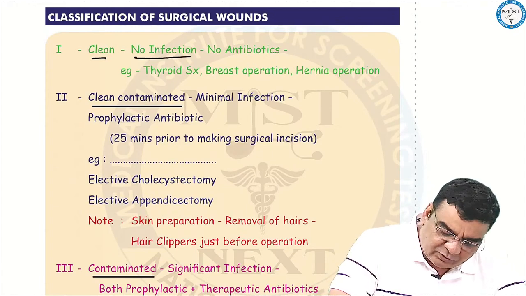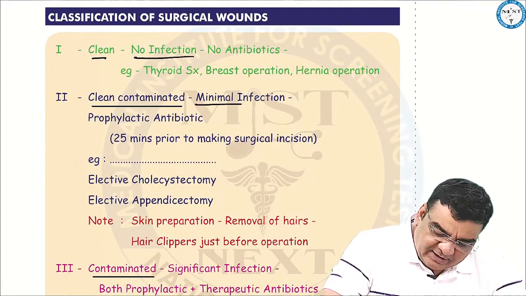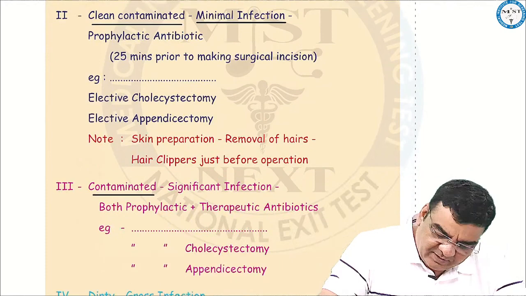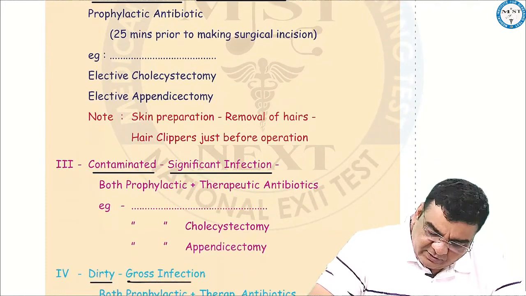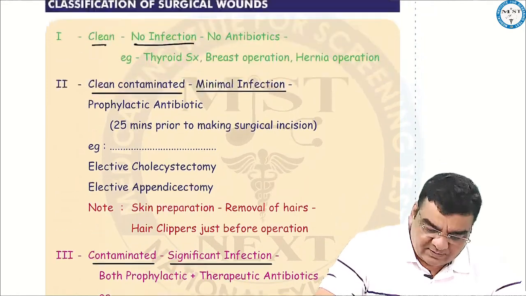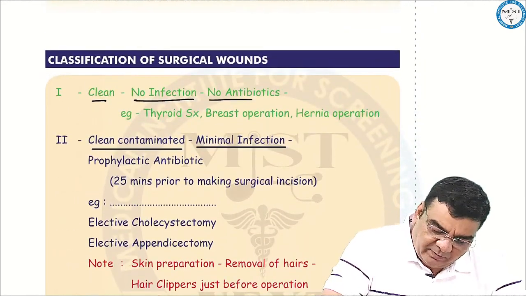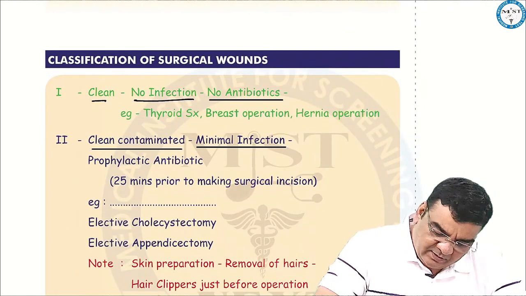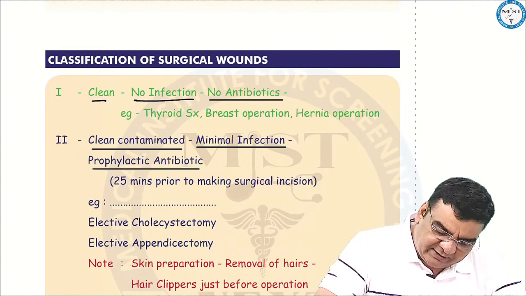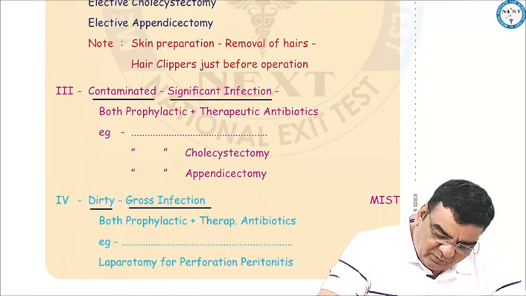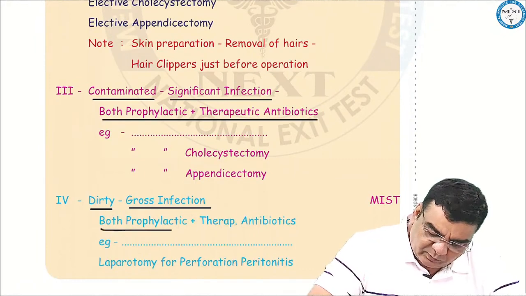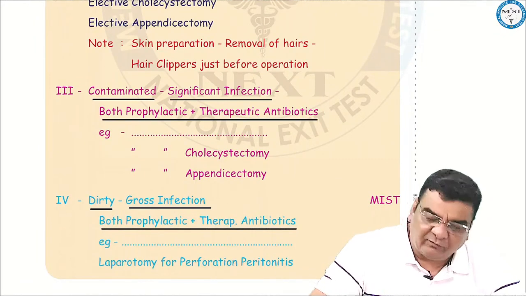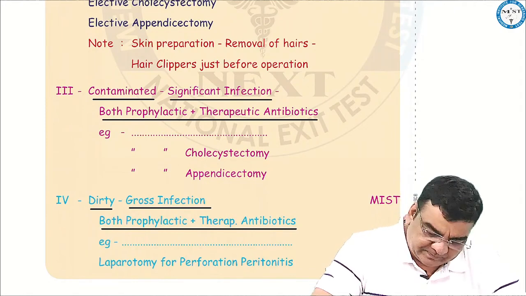Clean, where there is no infection; clean contaminated, minimal infection; contaminated, significant infection; dirty, gross infection. No antibiotics for clean, prophylactic antibiotic for clean contaminated, both prophylactic and therapeutic antibiotics for contaminated, both prophylactic and therapeutic antibiotics for dirty operations.